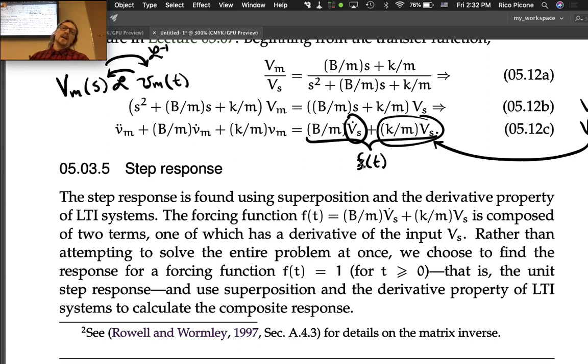If we put in vs dot, and we got vs2, we know that vs2 is just vs1 dot, just the time derivative of the first one. That's the logic we're going to use, and then we can also use superposition to scale that response. That's how we're going to construct a solution to this relatively complicated forcing function using our superposition principle and the derivative property. So that's our goal.